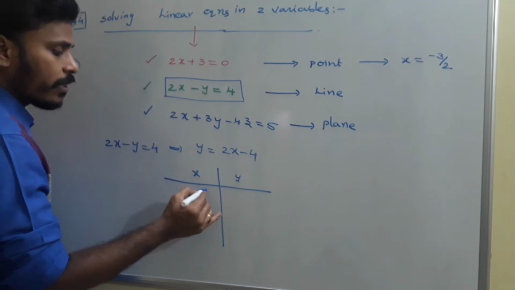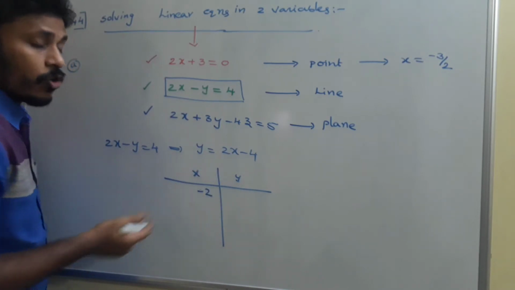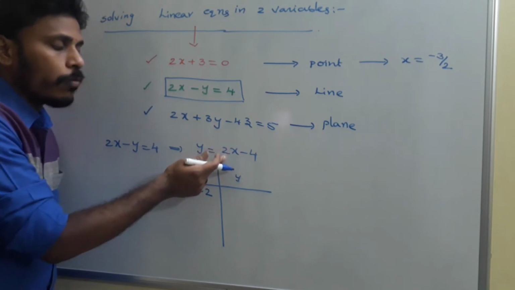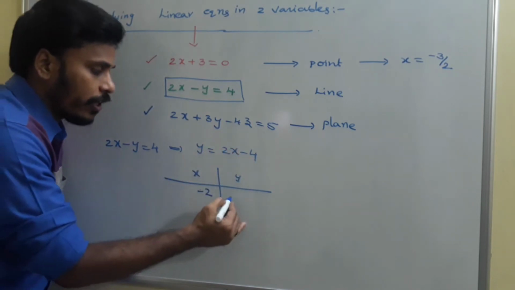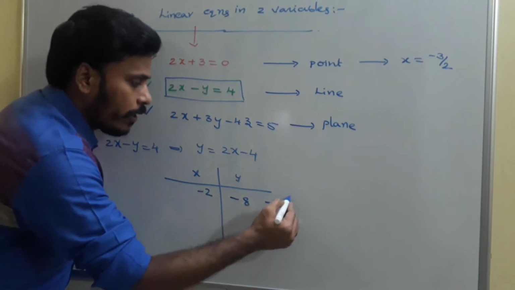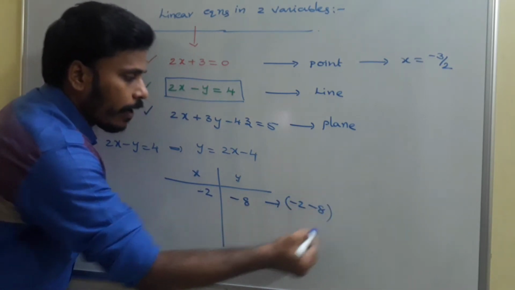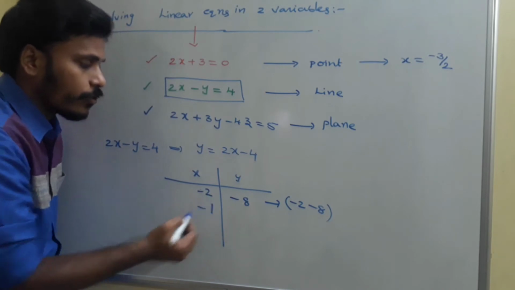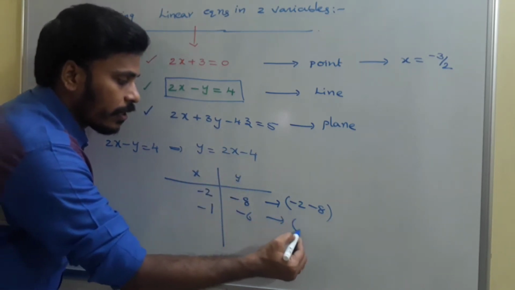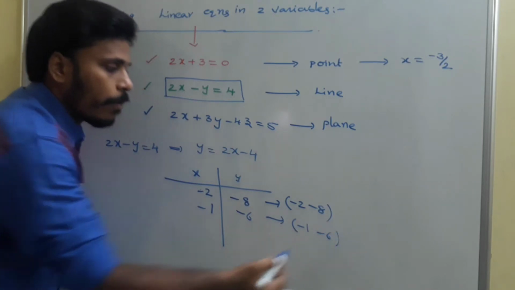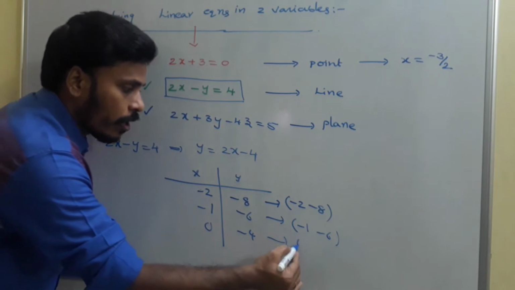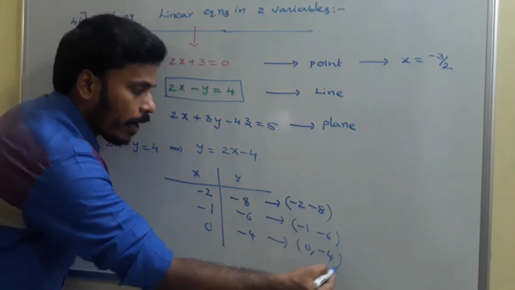If x is minus 2, then 2 into minus 2 minus 4 is minus 8. The y value is minus 8, and its corresponding point is minus 2 comma minus 8. If x is minus 1, then minus 2 minus 4 is minus 6, and its corresponding point is minus 1 comma minus 6. If x is 0, this is minus 4, and the point is 0 comma minus 4.